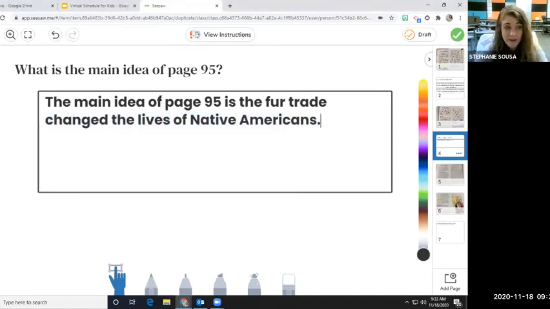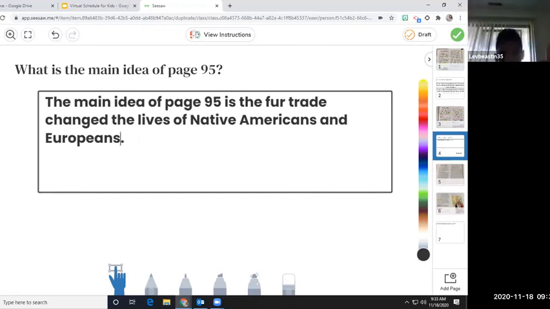So we could add that. The main idea of page 95 is the fur trade changed the lives of Native Americans and Europeans. We could add that in there. Great call, Evan. Vinny, something to add? No, ma'am. Oh, okay. Sorry, I saw your hand emoji.